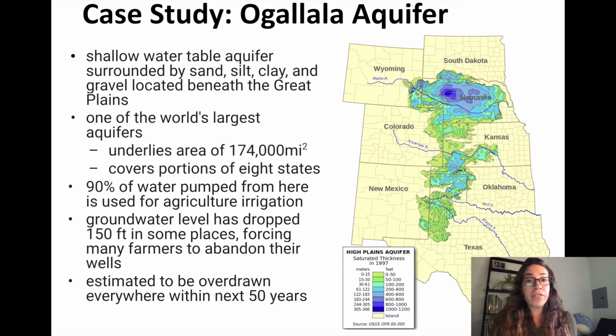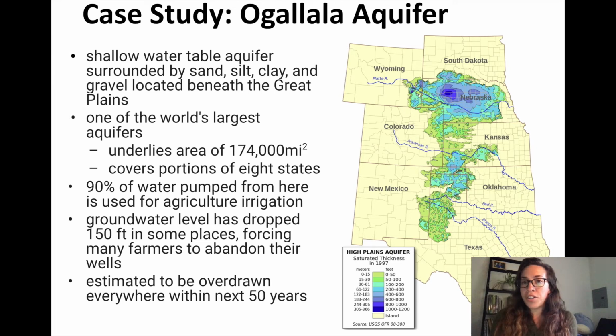And that's great for farmers and other people and ranchers in that area because they don't have to drill very deep in order to get what they need. But 90% of the water pumped here is used for some sort of irrigation. We have seen groundwater level drop 150 feet in some locations.